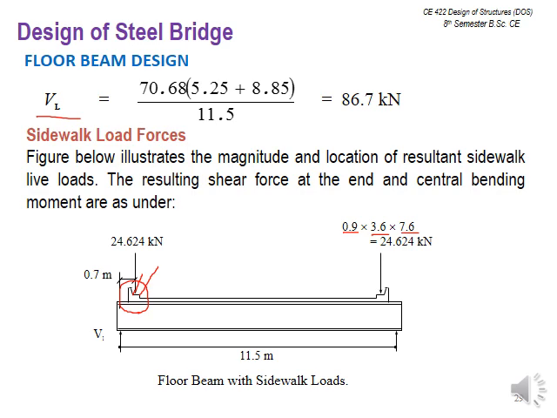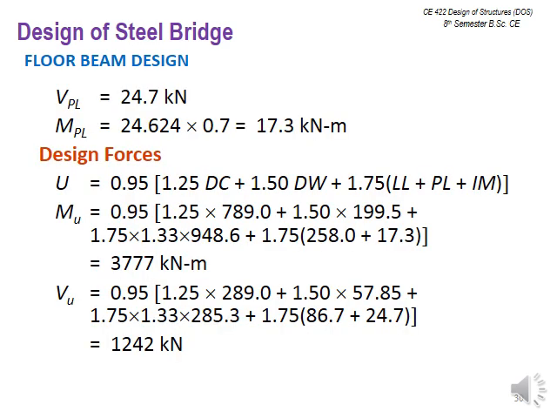In this way you finally consider this 24.624 kilonewtons acting as a concentrated load at the center of the curb. This distance is known to you, and keeping this, you can again draw the bending moment diagram to calculate these reactions for the shear. So for the sidewalk, you calculate the shear and the moment depending upon the figure given in the last slide.